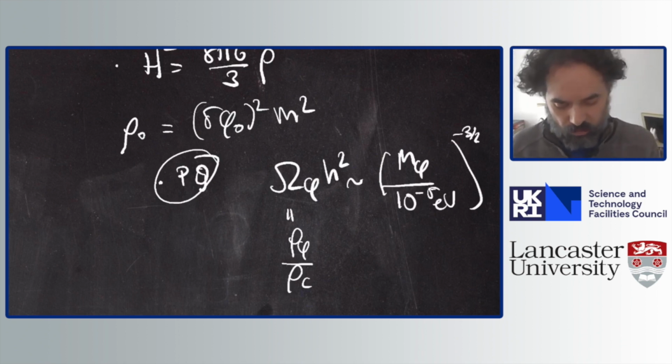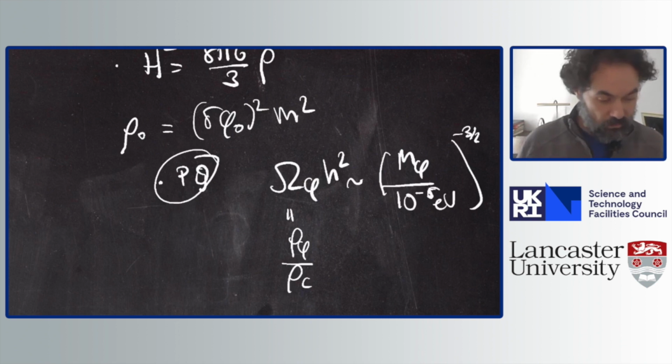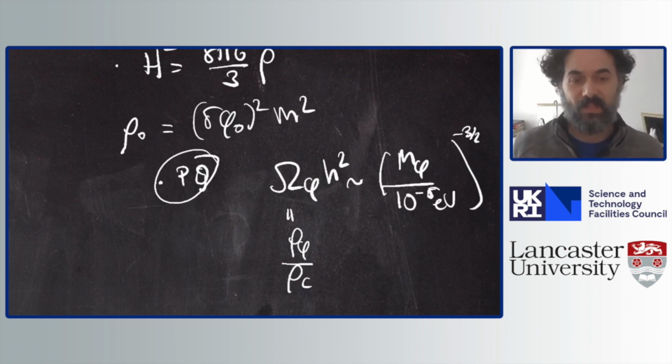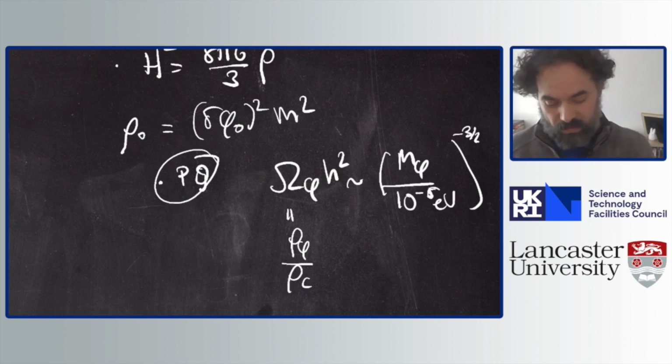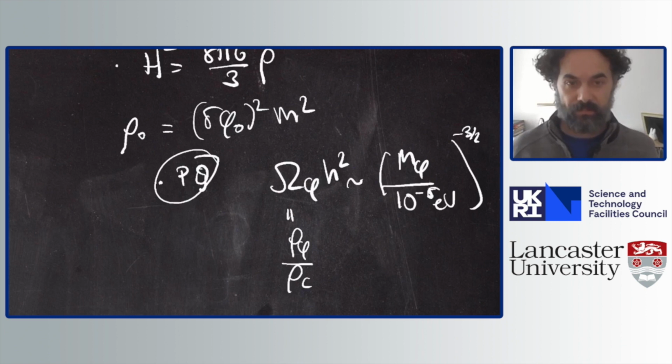This is what I told you before: it is a kind of miracle, if you want, in the axion case, that it is natural to produce the relic abundance that we see today when the mass of this axion is around 10 to the minus 5 eV. So that's great.